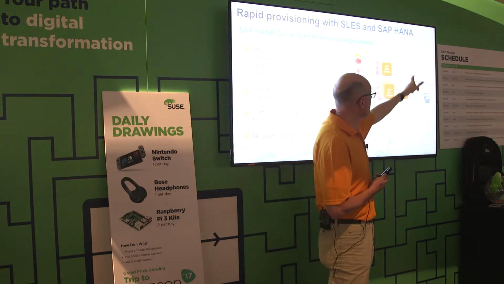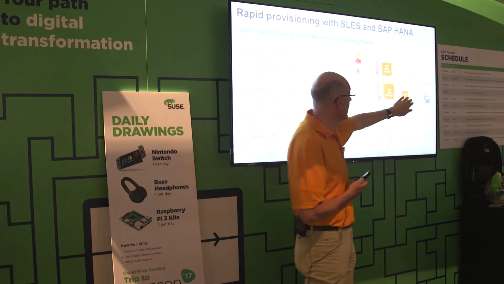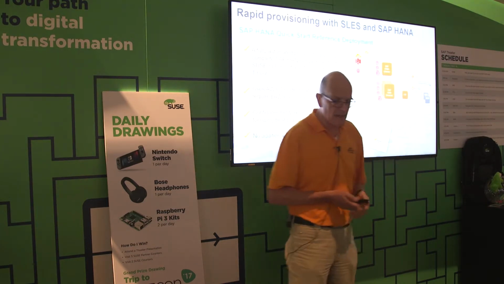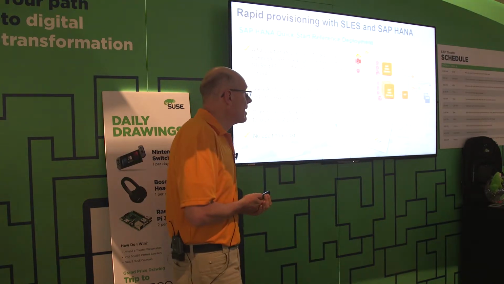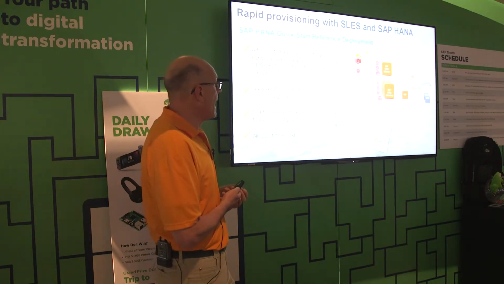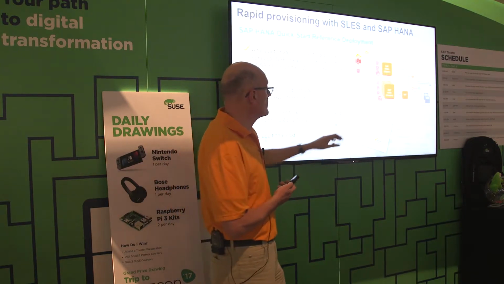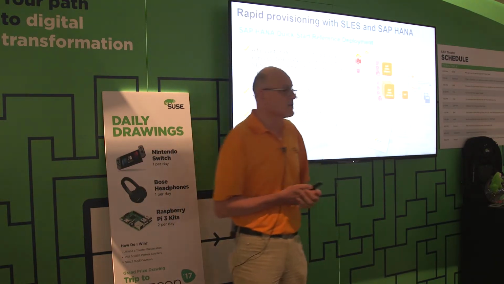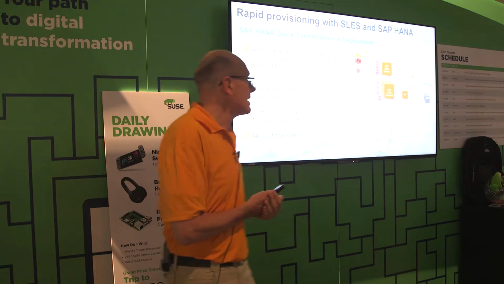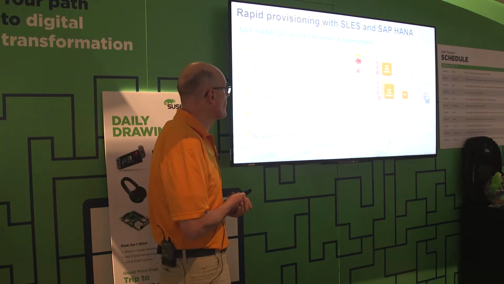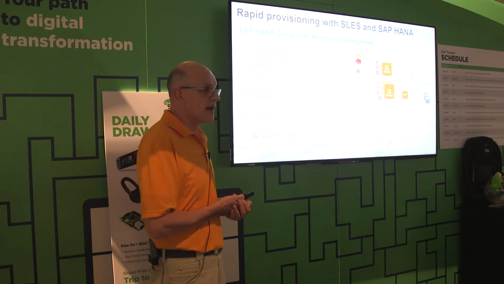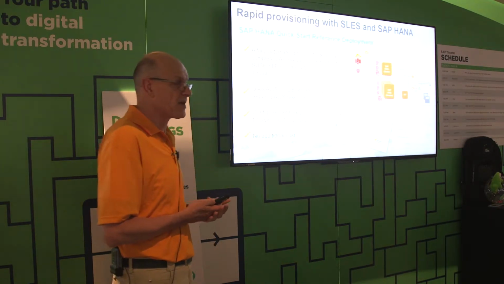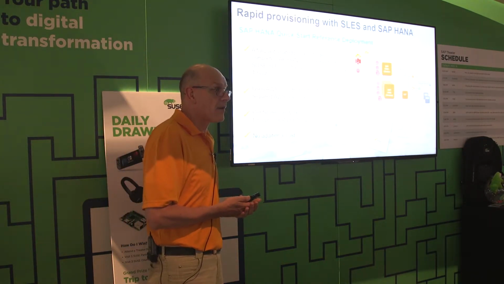We will create a front-end network for you. We will create a NAT server for you, and a PC to install your SUSE HANA. We do all this automatically. You fill out a form, then you push a button, and then we do all this automatically. We are going to use SUSE as a default solution for this rapid deployment, and this allows you to do an entire HANA installation within an hour, 10 minutes.